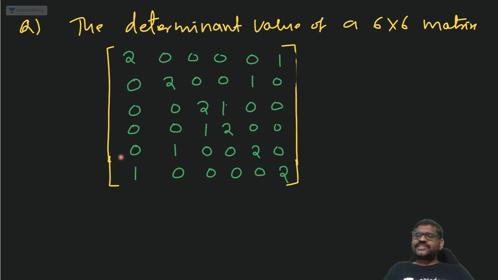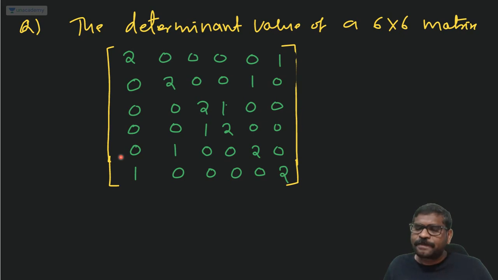Total 6 columns, right? I have given 6 columns and 6 rows. Now, what is the value of the determinant? We have to find it. Here the matrix is 6 cross 6.